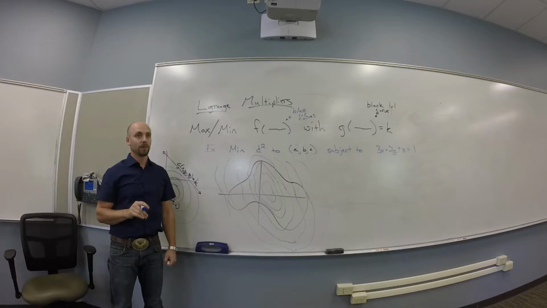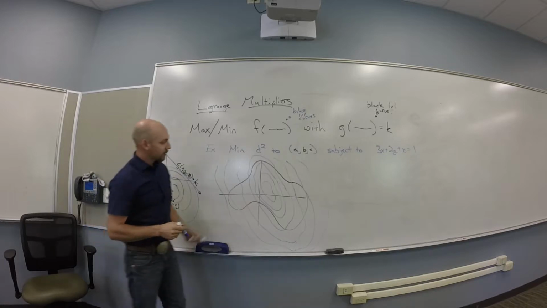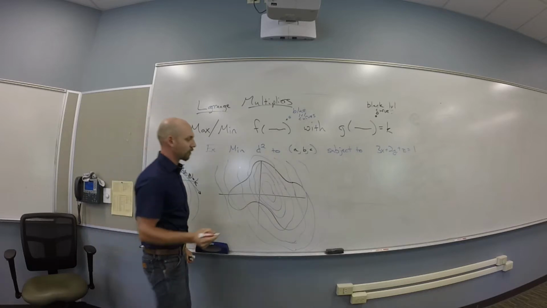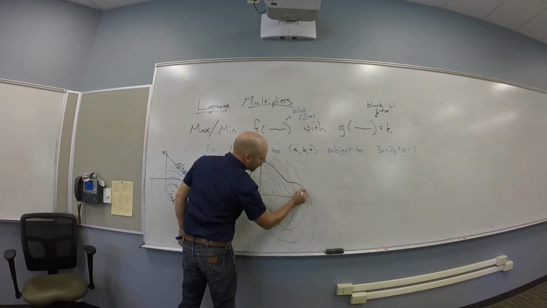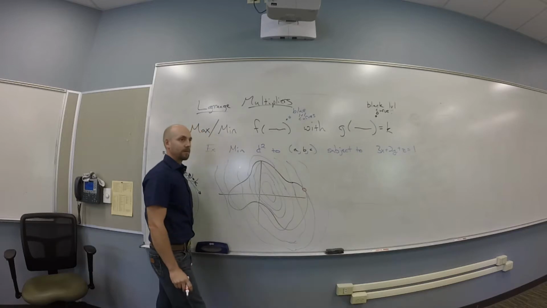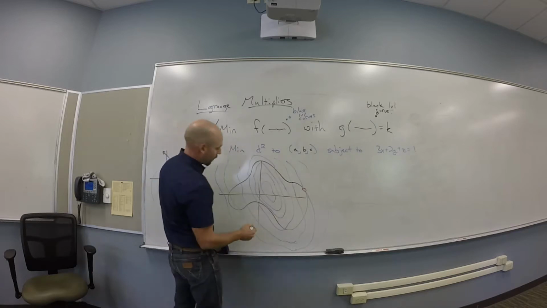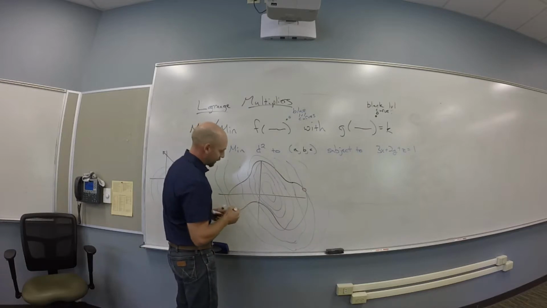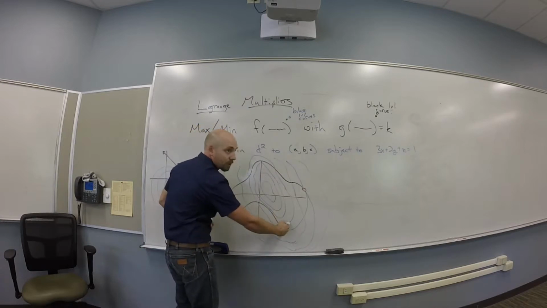You guys see that? So there are some interesting points in here, and I didn't actually get those level curves. But there's one right here. You guys see that one? There's one that's going to happen on this level curve in between this one and this one.